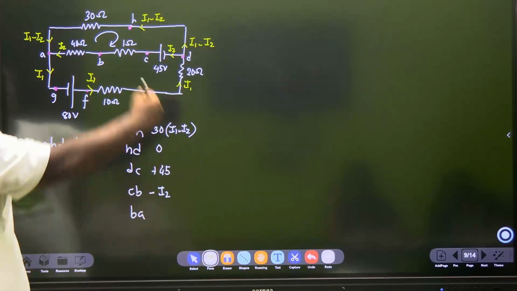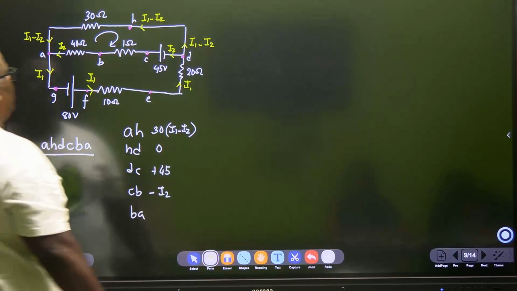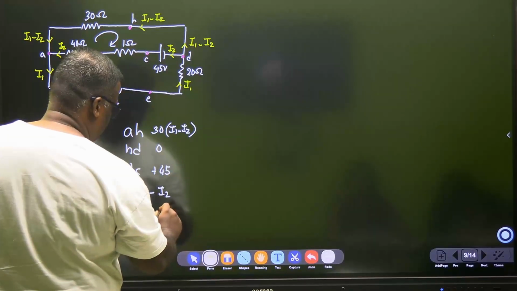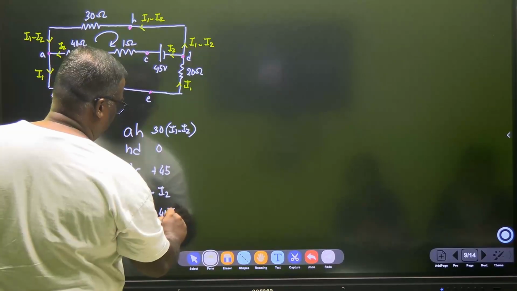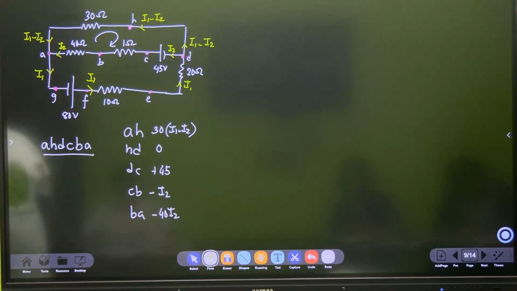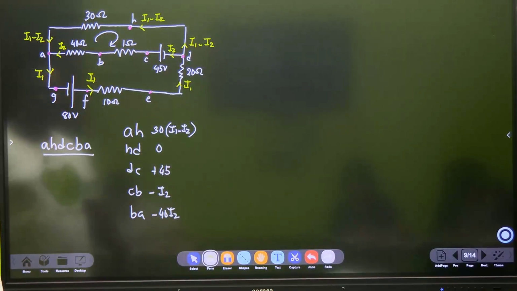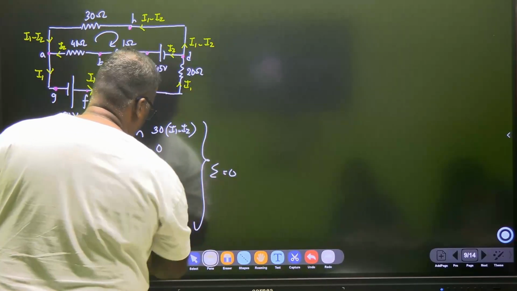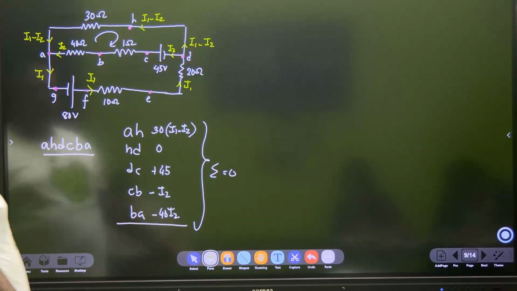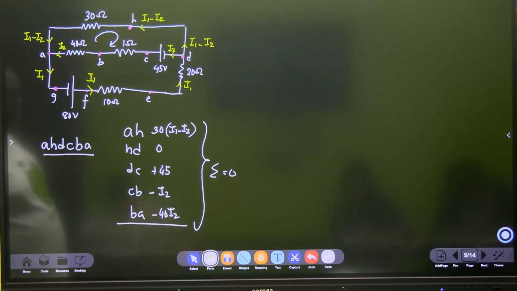Then I am moving along the current, so it's a negative 40. Negative 40 I2. Do you agree? And then we're done. This sigma should be equal to 0. So add up. I think you have learned now how to do.